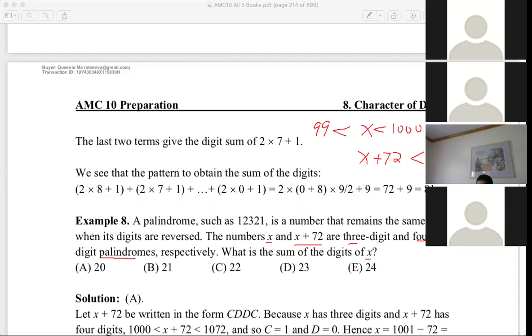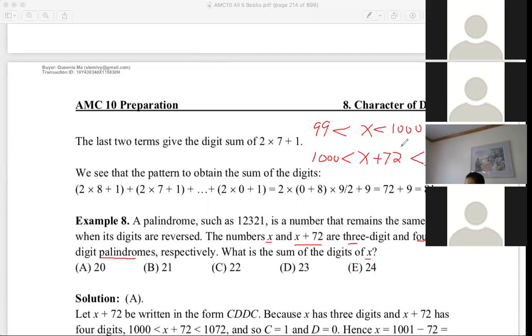That will be less than 1072, right? But it will be greater than or equal to 1000. But x plus 72 is a palindrome. Definitely it cannot be 1000 because 1000 is not a palindrome. So that should be greater than 1000.